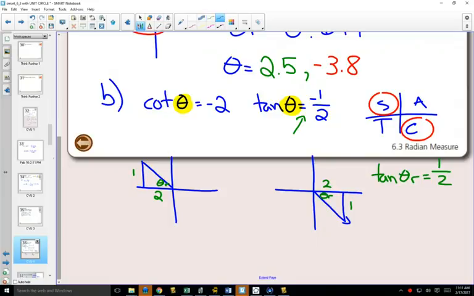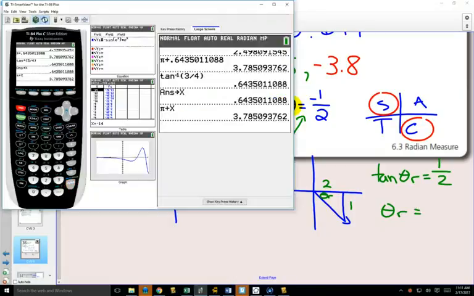Going to your calculator, we can calculate our reference angle then. Tan inverse of 1 divided by 2, 0.464.